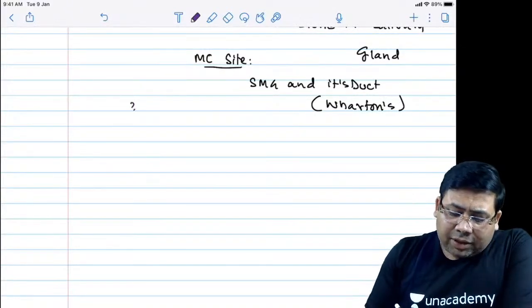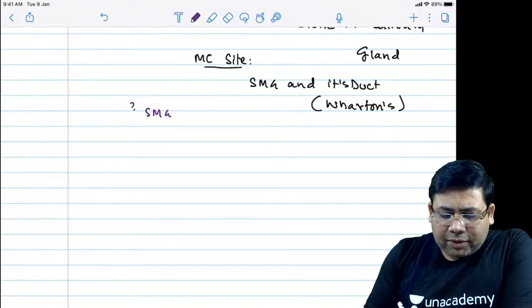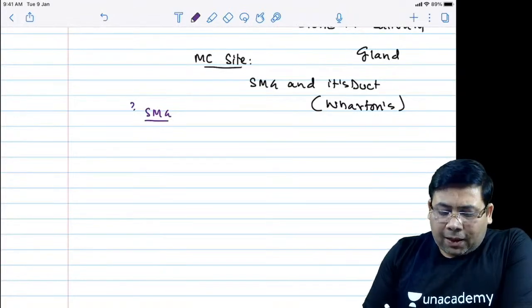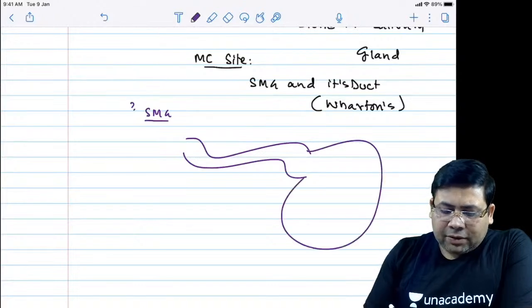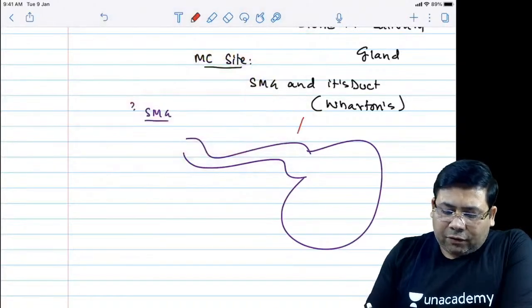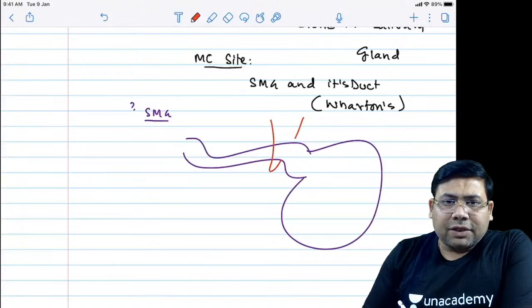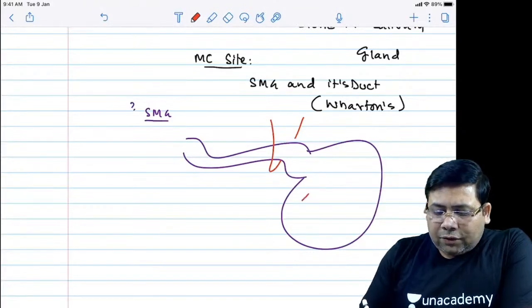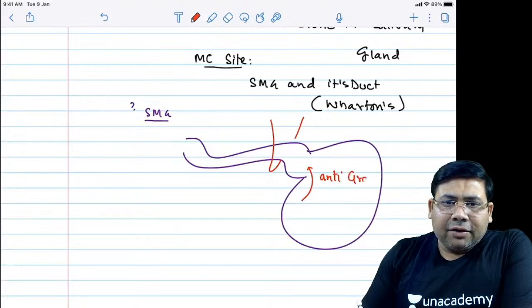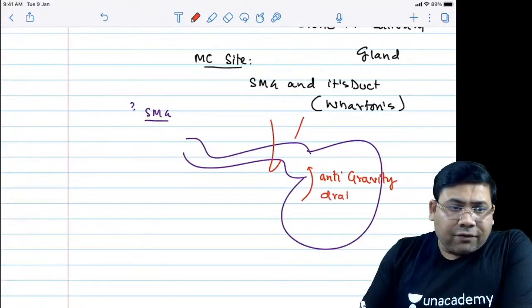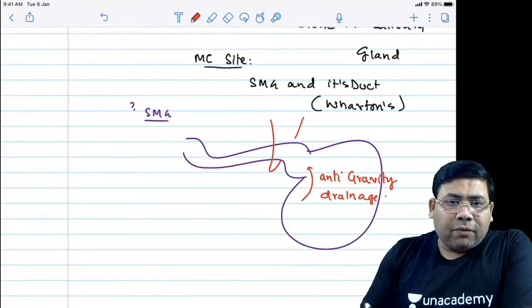Why the submandibular gland? Let us see the answer. The stone will form at a place where there is some level of stasis. The first thing is anti-gravity drainage of saliva, point number 1.